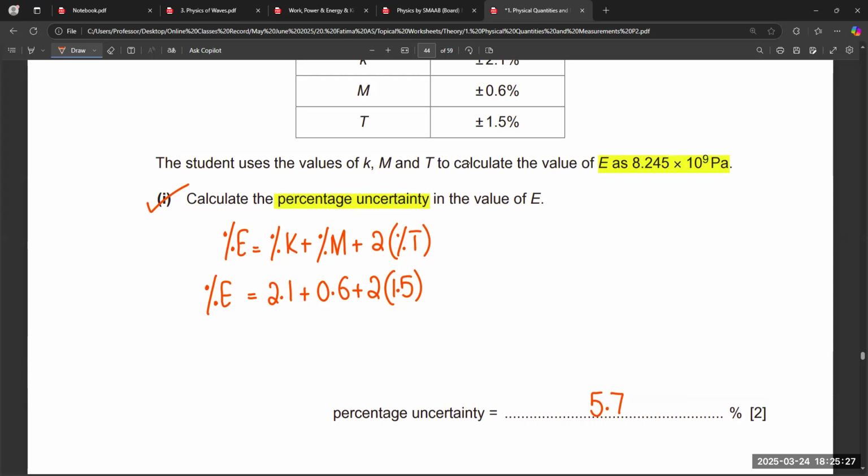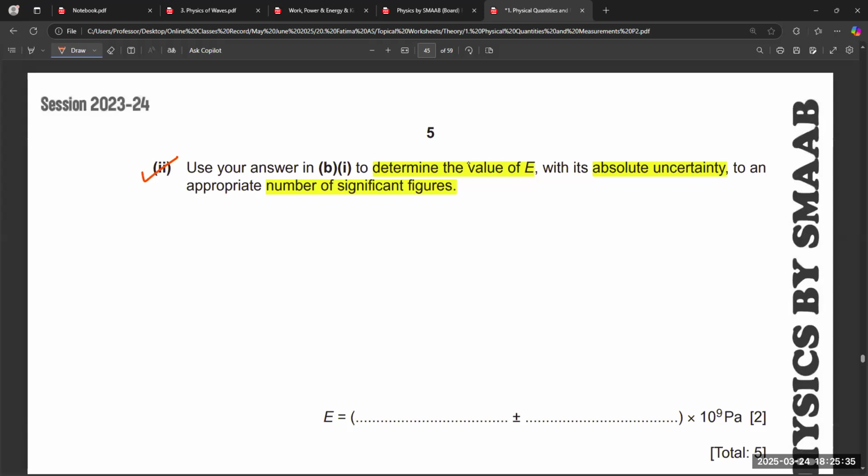The original value is 8.245 times 10 to the power 9. So for absolute uncertainty, we have to use 5.7%.